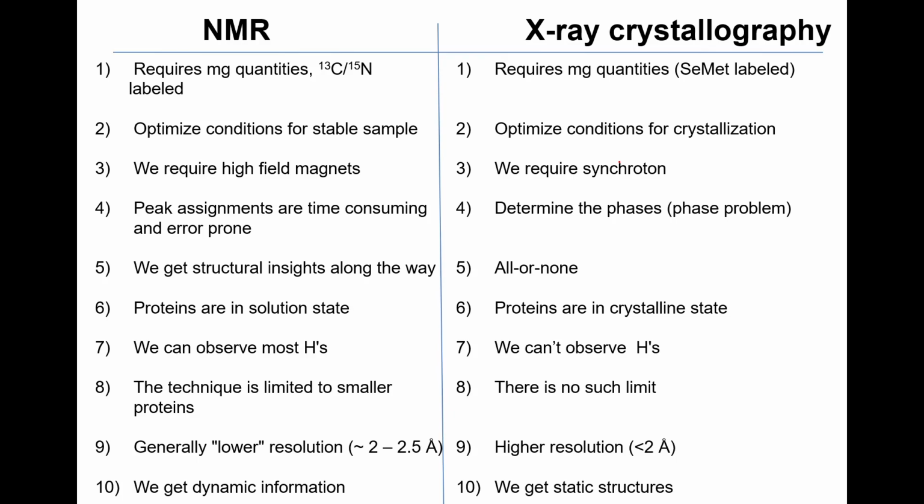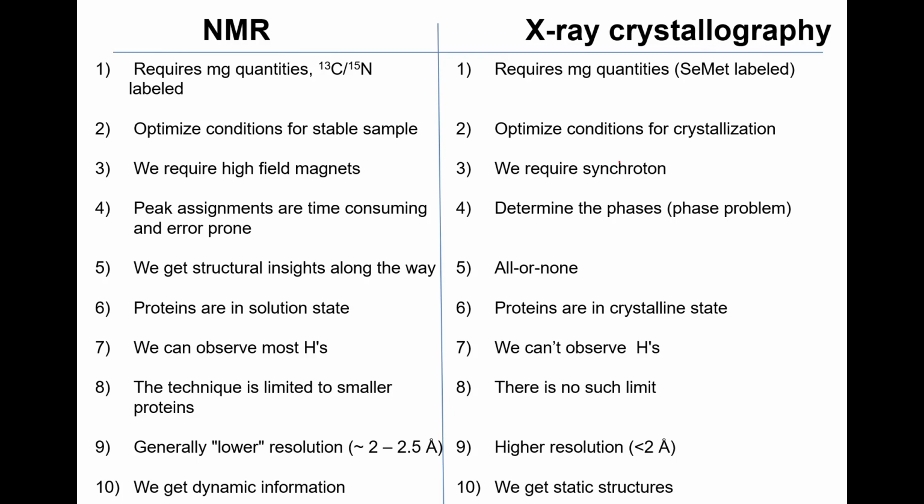So what are the different conditions such that the labels, these 13C and 15N atoms, get inserted into your protein, and that will help you to solve the NMR structure. All this requires a lot of optimization, and a lot of time as well.